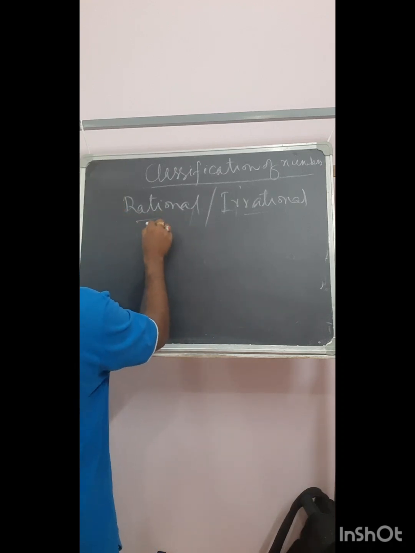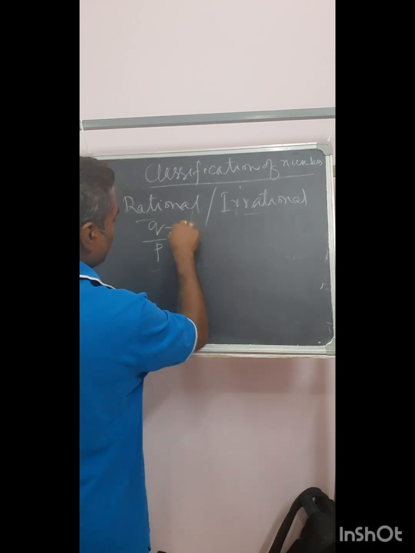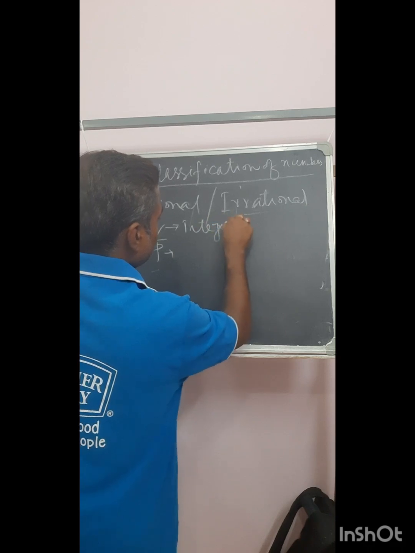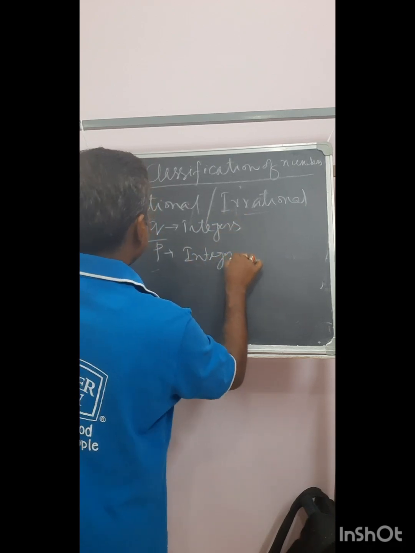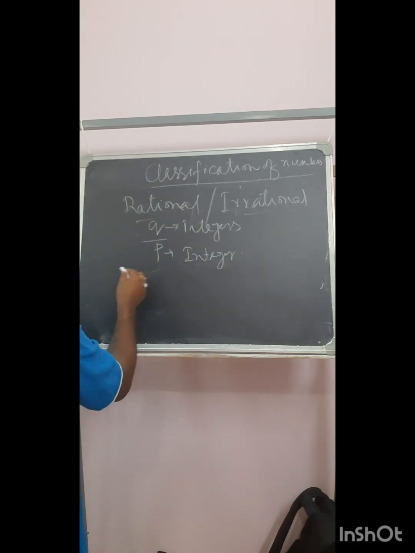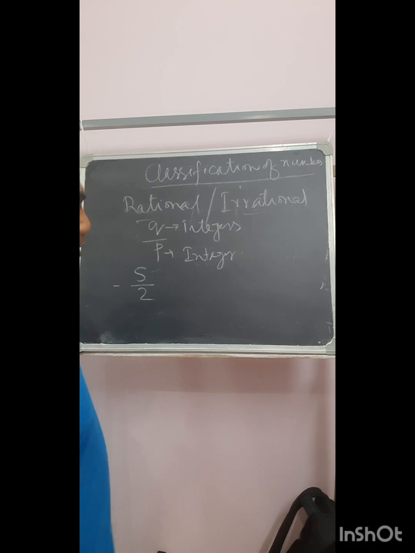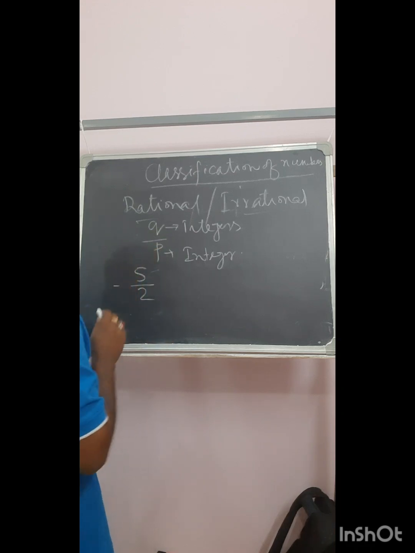Rational numbers are those which can be represented in the form of a ratio of two integers. So rational numbers are those which can be represented in the form of two integers. That means I can say 5 by 2 is a rational number, or minus 5 by 2 is also a rational number. It can be negative or positive, but it should be a ratio of two integers.